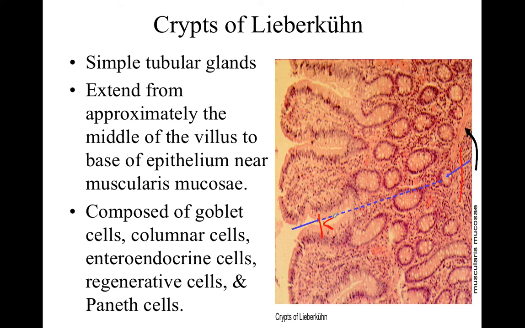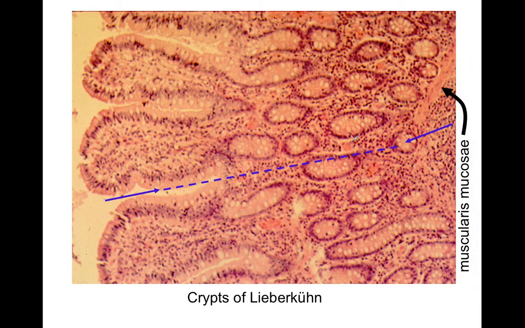From this area to this area, we call it the intestinal gland, or the crypt of Lieberkuhn. It contains enterocytes, goblet cells, regenerative cells, and, very importantly, near the base the Paneth cells, which are antibacterial and antiparasitic cells through the lysozymes they secrete.